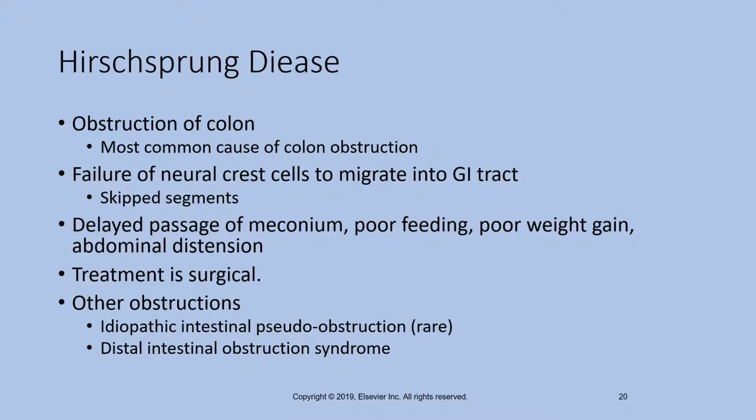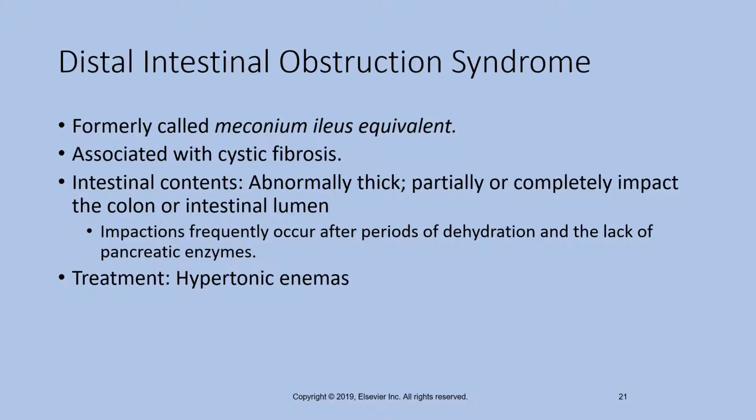Other obstructions: idiopathic intestinal pseudo-obstruction and distal intestinal obstruction. Many unfortunate things can happen to a newborn by all these malfunctions. Distal intestinal obstruction syndrome, formerly called meconium ileus equivalent, is associated with cystic fibrosis.